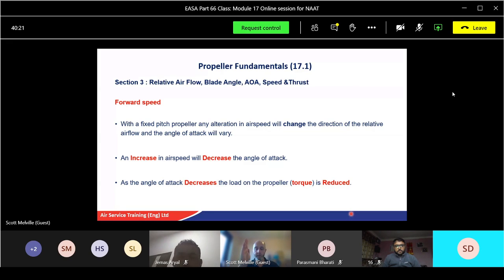But the more angle of attack, if I increase my hand to give increased angle of attack, I'm trying to push all this air, that's a lot of force against my hand. Same as a swimming pool, yeah? The more water you push behind you in a swimming pool, if you put your hand like that, you can cut through the water very quick. So a decrease in angle of attack reduces the torque. You can imagine the other way about, if you increase the angle of attack, then that's going to increase the force, torque in this case. In other words, put a lot of strain on the propeller.